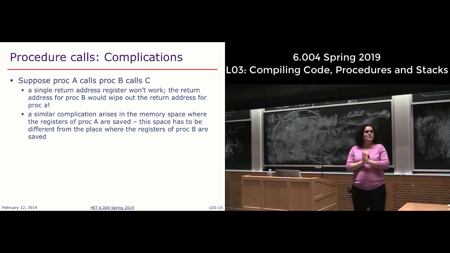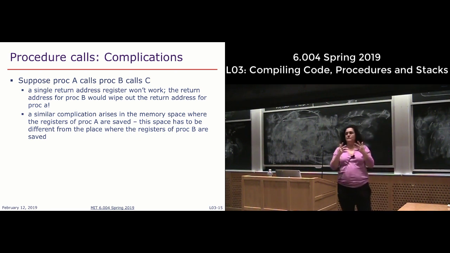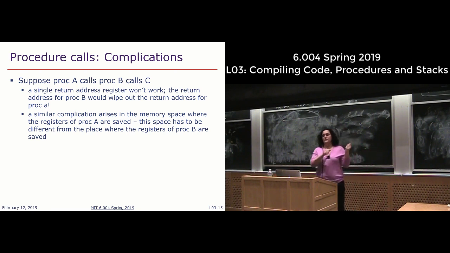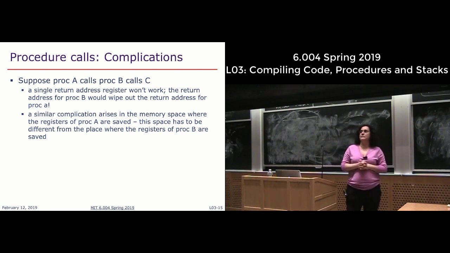But when I call procedure B from procedure A, I store something into RA that's going to tell me the return address for procedure A, right? Now what happens when procedure B calls procedure C?